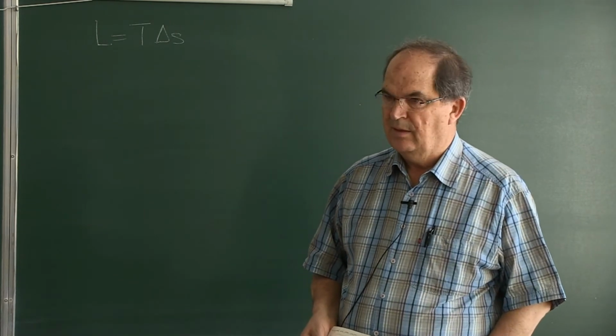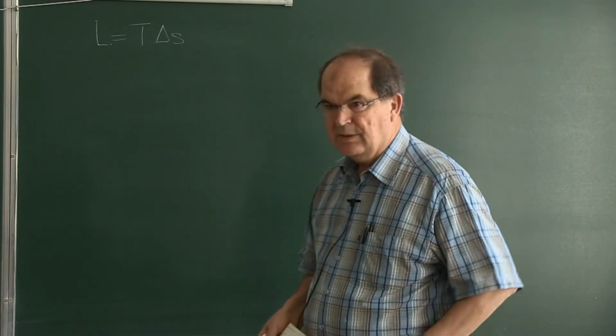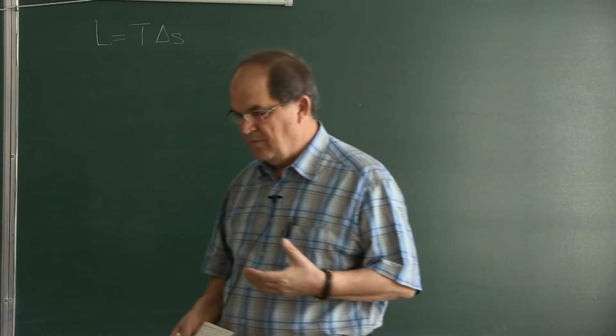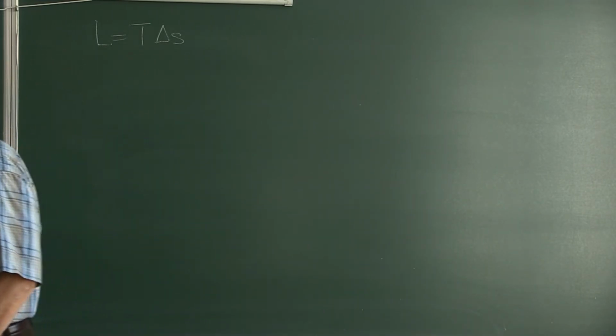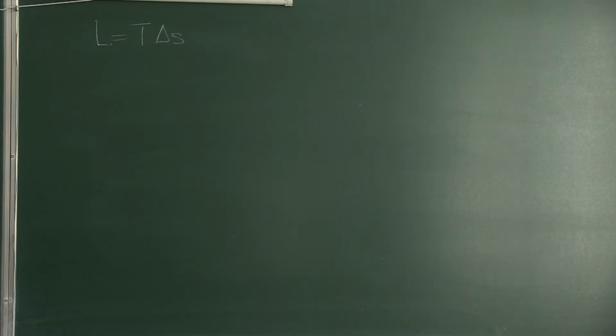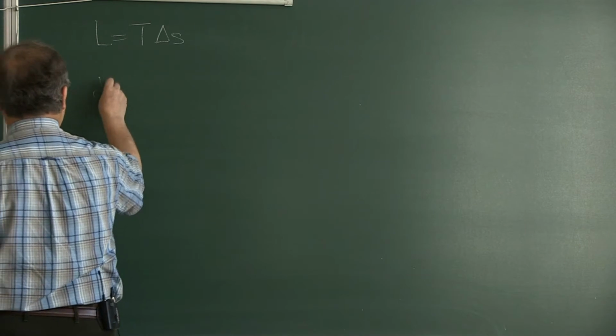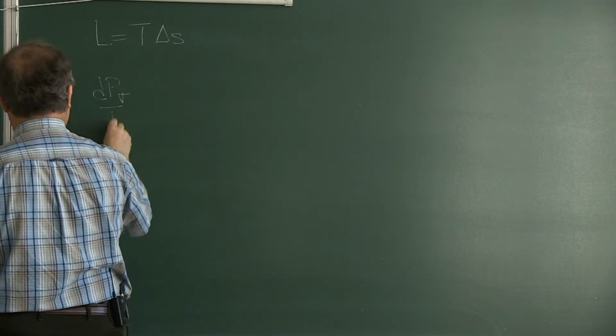Okay? I will give this when I consider interactions between particles, as an example of a type of phase transition. So this equation is the Clausius-Clapeyron equation.